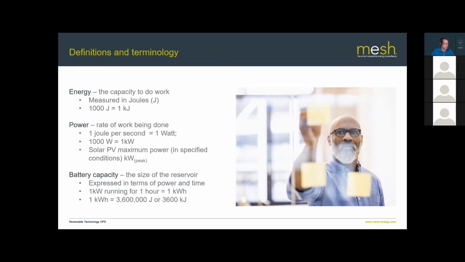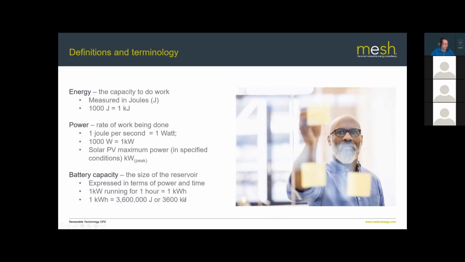But it's in terms of kilowatt hours. 1 kilowatt hour is equivalent to 3.6 million joules of energy. So if you've got a 15 kilowatt hour battery, then you're talking about very big numbers of joules, which just become impractical. Hence why kilowatt hours are used.